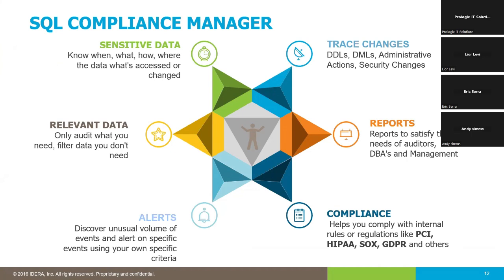And we not only do that, we also have the possibility of tracing what we call the relevant data, meaning that we are not auditing 100% of the data if it's not needed for your teams, auditors teams. So we just select the data that we want to audit.